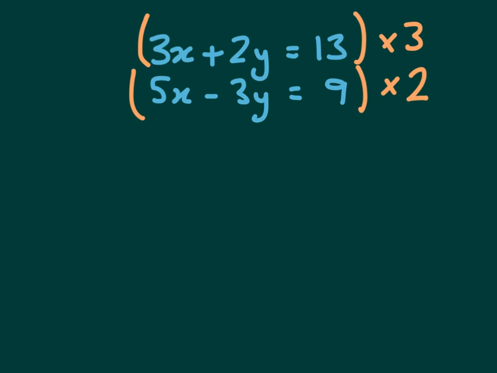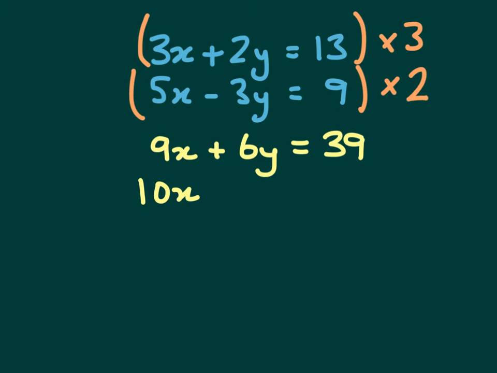Okay, so on the top one, I'm going to multiply all 3 terms by 3, so that'll give me 9x plus 2y times 3 is 6y equals 13 times 3, which is 39. And the second equation, I'm going to multiply 5x by 2, 3y by 2, and 9 by 2. So that's going to give me 5x times 2 is 10x, minus 3 times 2 is 6y, equals 9 times 2, which is 18.